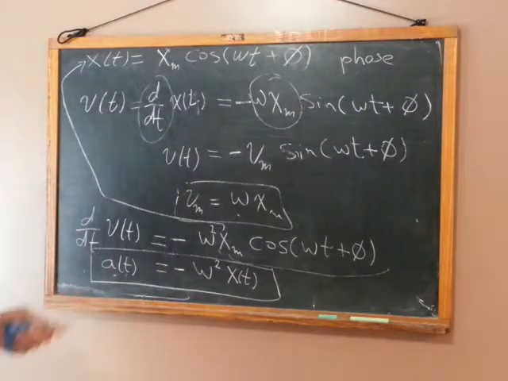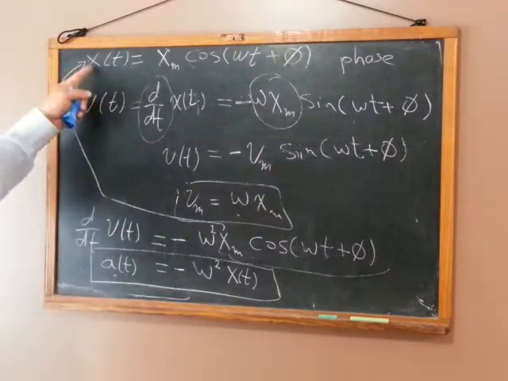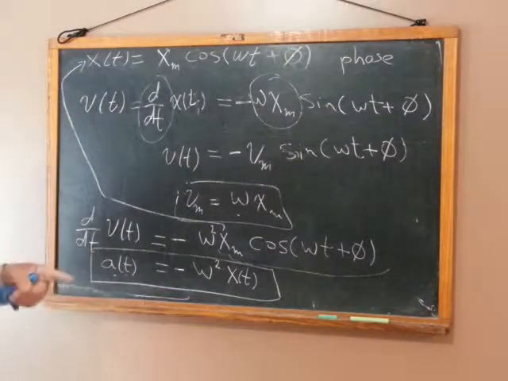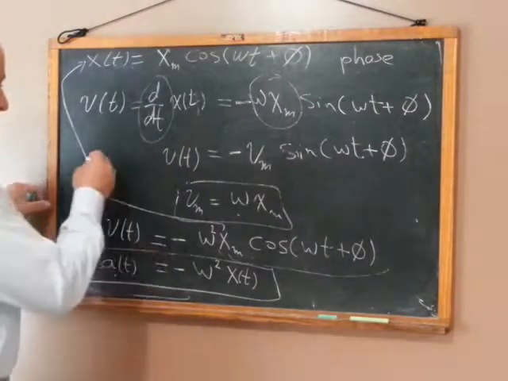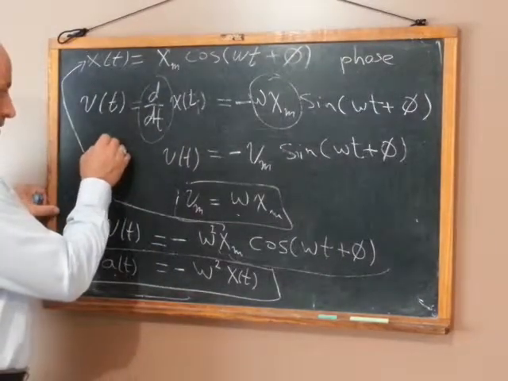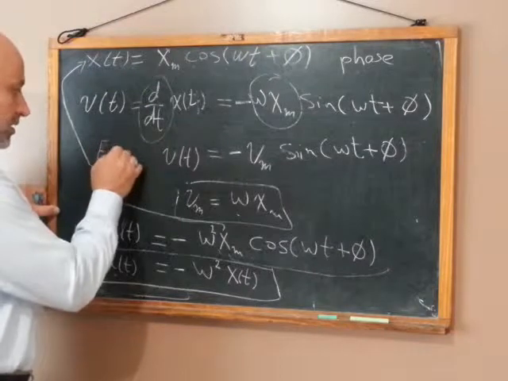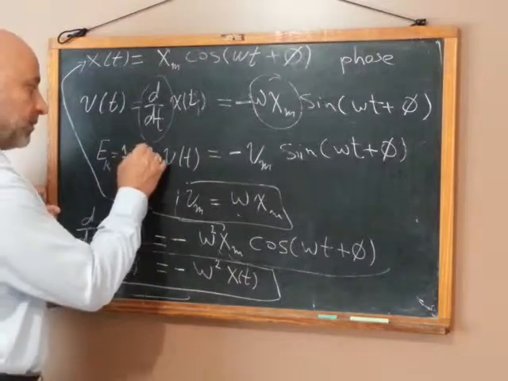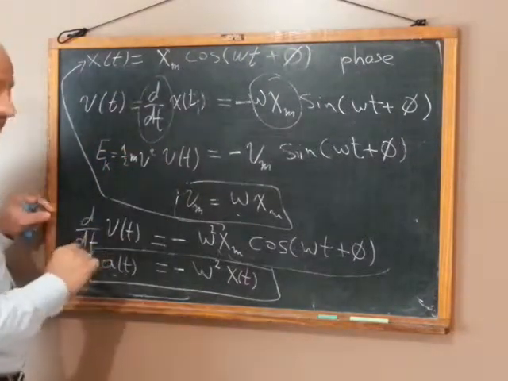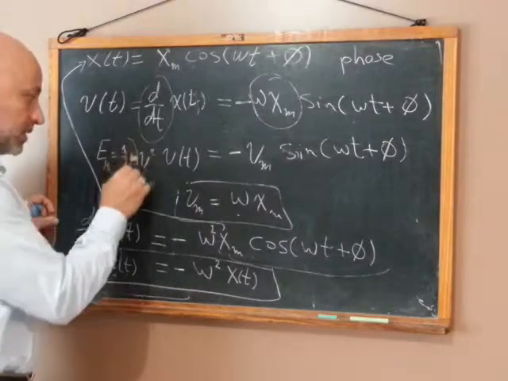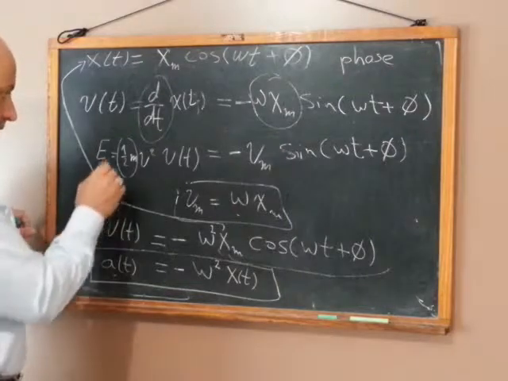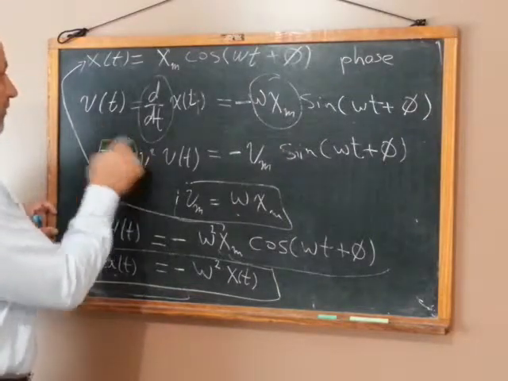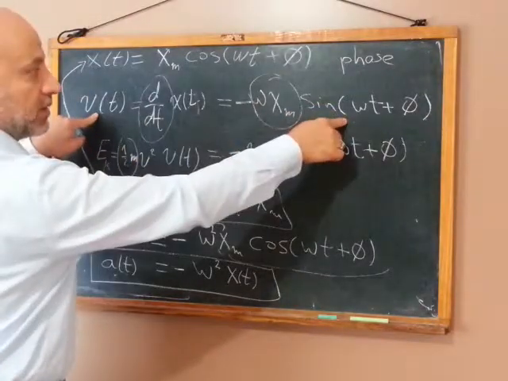Since we have position, velocity, and acceleration, then we can get the energy. For example, the kinetic energy. The kinetic energy equals 1/2 m v squared, right? 1/2 m is a constant, doing nothing, it's not scary. V squared: we have v, then we square it.